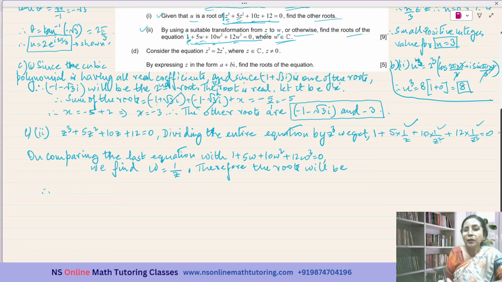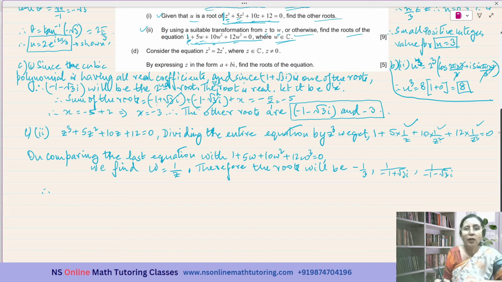It will be just the reciprocal because w is the reciprocal of z, so the roots will also be the reciprocal. So it will be negative 1 over 3 and 1 over negative 1 plus root 3i, and 1 over negative 1 minus root 3i.